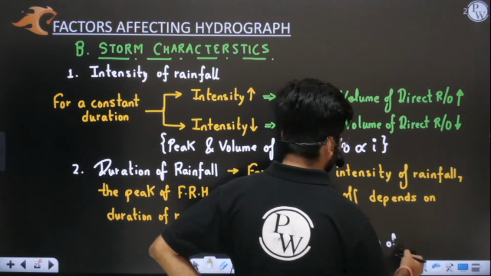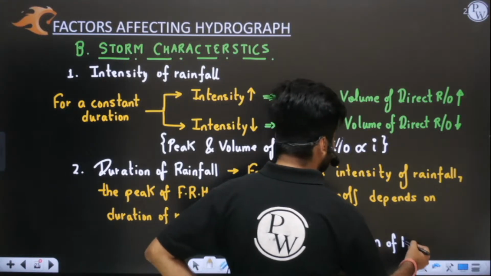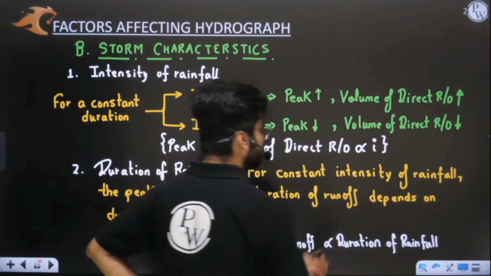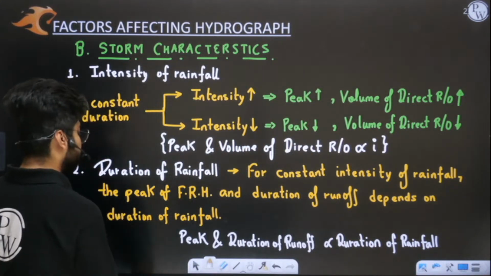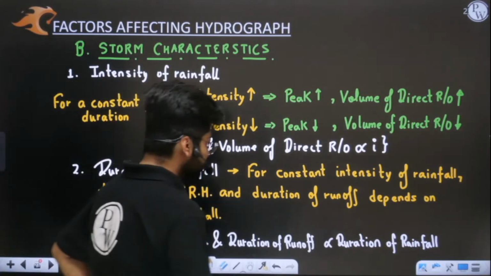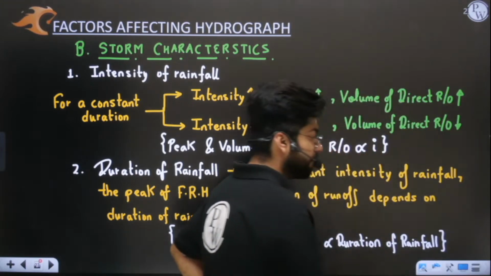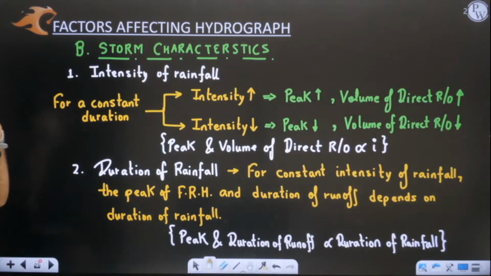What is the duration of rainfall over here? Let me simply write D. Intensity is denoted by I and duration of rainfall is denoted by D. So this is your second point.